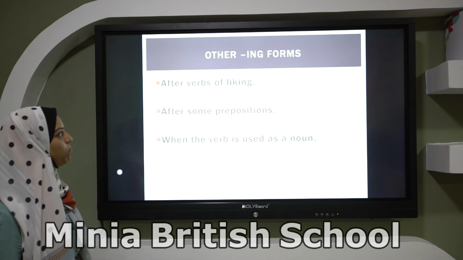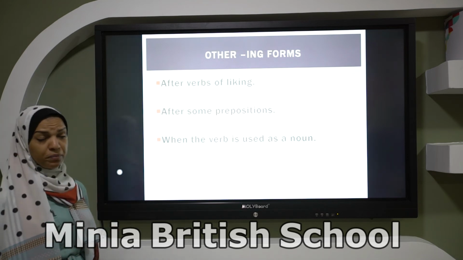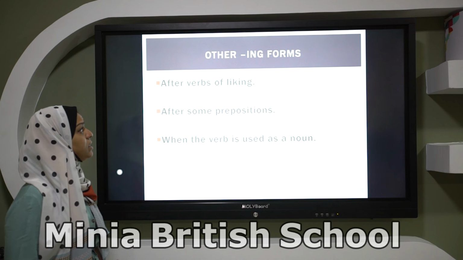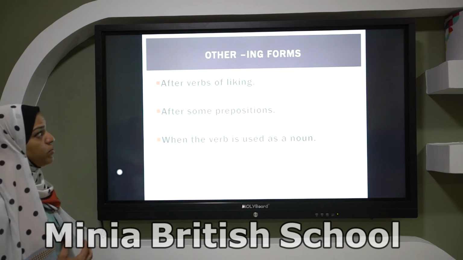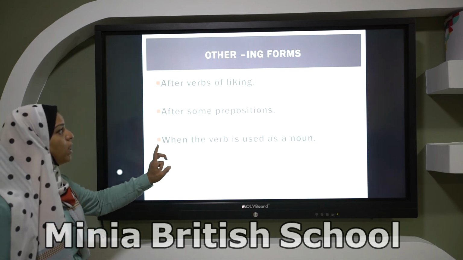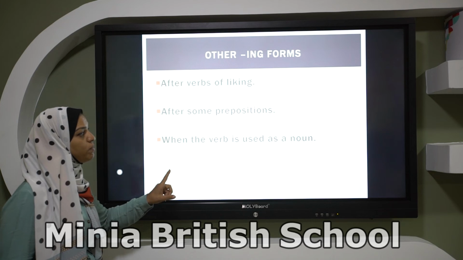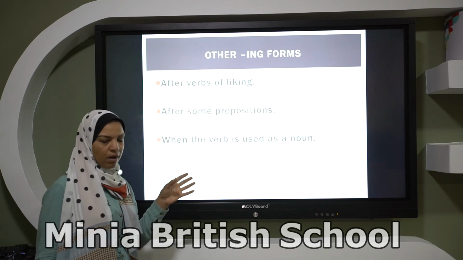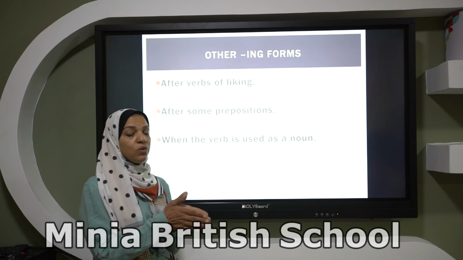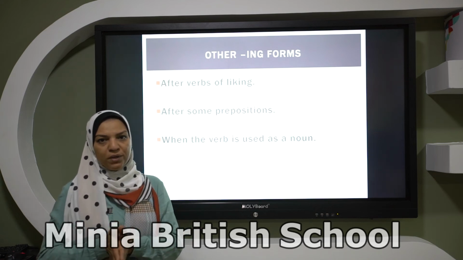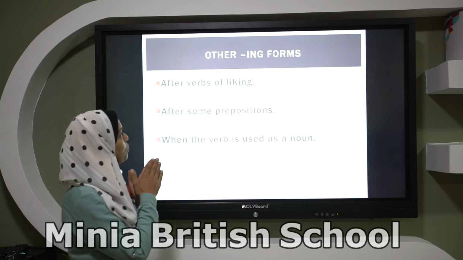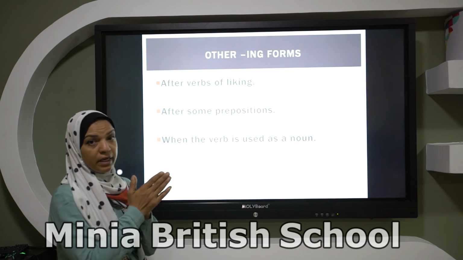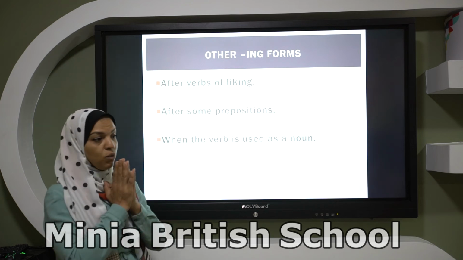Something that is very important now that I want you to care about is the ing form after linking verbs, after some prepositions, and when the verb is used as a noun. These are the cases, I'm mentioning them quickly, in which you can use the gerund form of the verb. The gerund form can be used after verbs of liking.